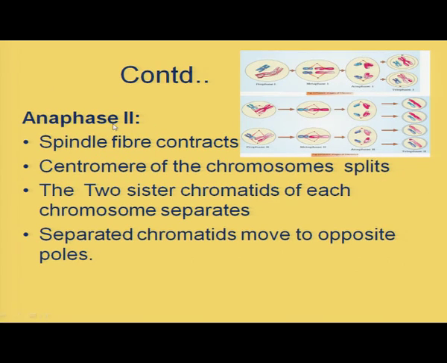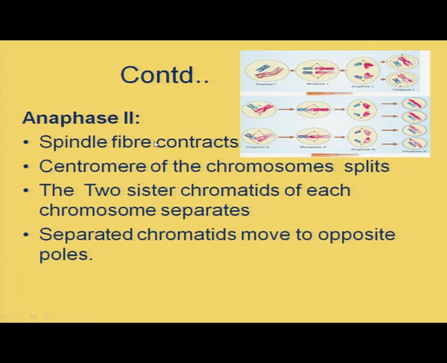Now, next you can see the Anaphase 2. See this diagram, Anaphase 2. Here during this particular stage, the chromatids of each chromosome, each univalent, separate. Chromatids are separating, not the chromosomes. Chromatids of the individual univalent separate, and they will move to opposite poles.